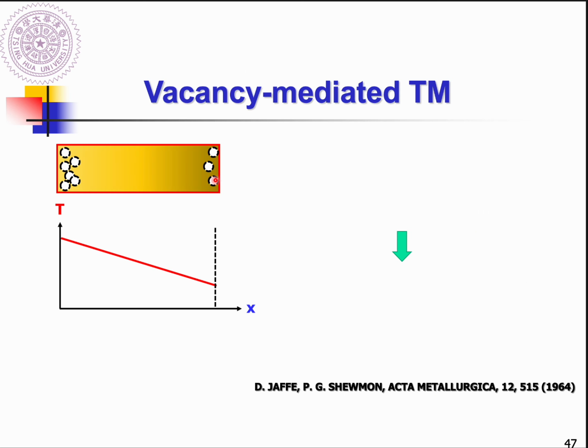So let's move back. This material is a pure material, and the diffusion mechanism is mainly the vacancy-mediated diffusion mechanism. Under this situation, it implies that the vacancy concentration cannot be ignored. And as you know, we apply a temperature gradient on these materials.